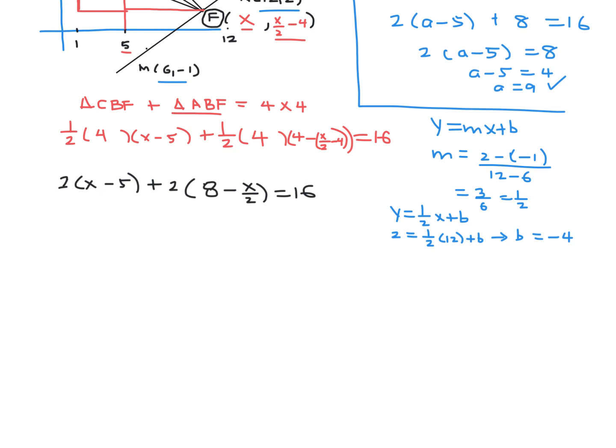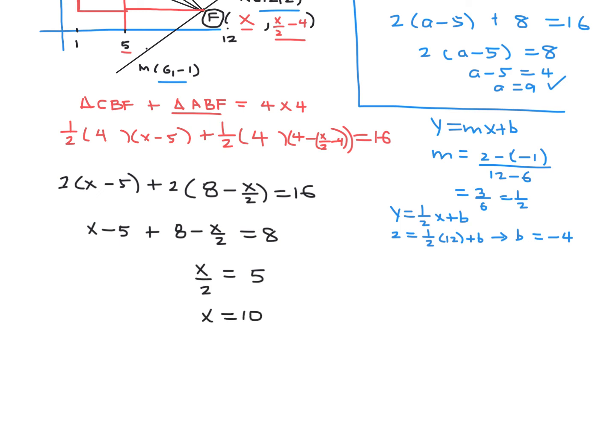Okay, divide through by 2, and I get x minus 5 plus 8 minus x over 2, and that's equal to 8. So the 8's cancel, so the 5 goes over the other side. x minus x over 2 is x over 2, so x is equal to 10.